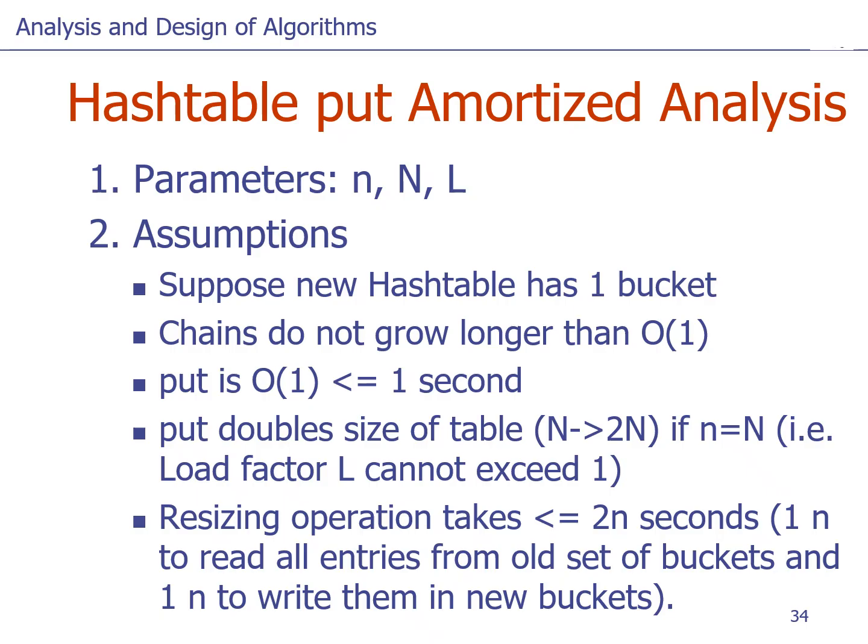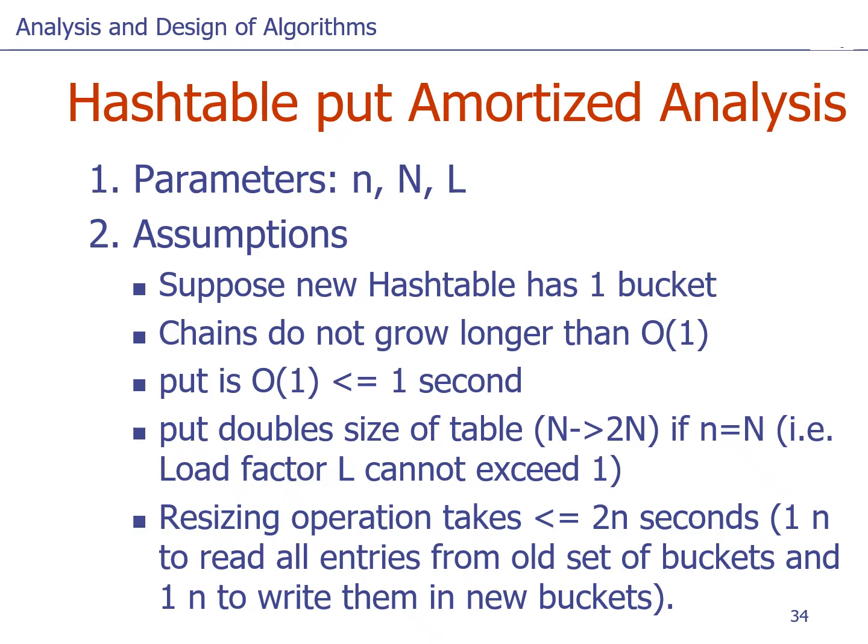In the assumptions part, I have the freedom to make any common sense or fair assumptions. As long as my assumptions are not extreme or unrealistic, I can work with them. I will assume that I have a new hash table with only one bucket. And I will also avoid doing my analysis with chains, so I will assume that the chains do not grow longer than 1.